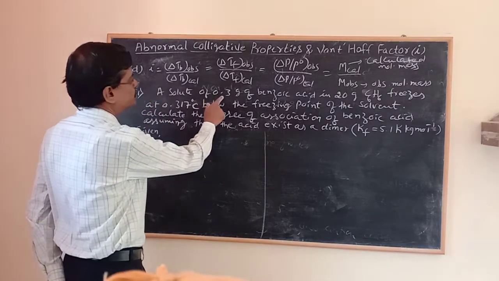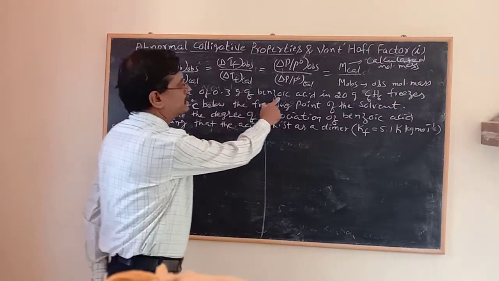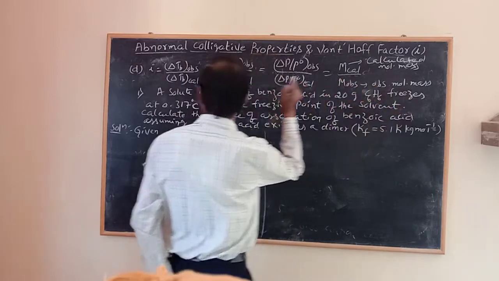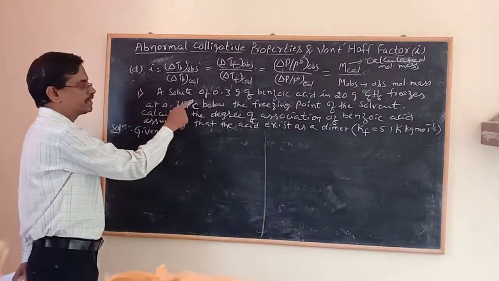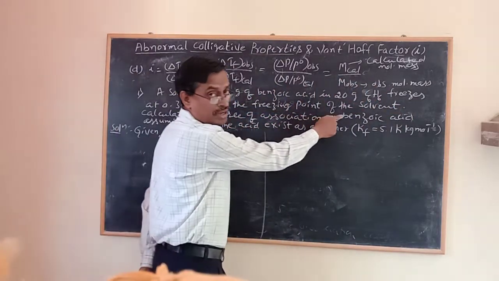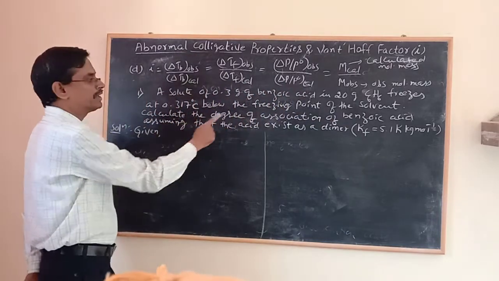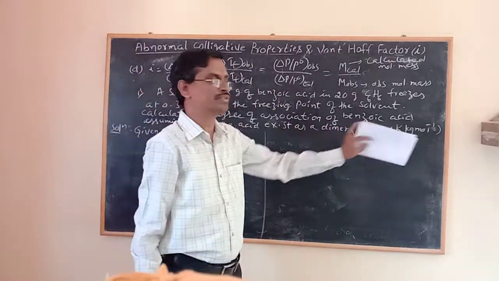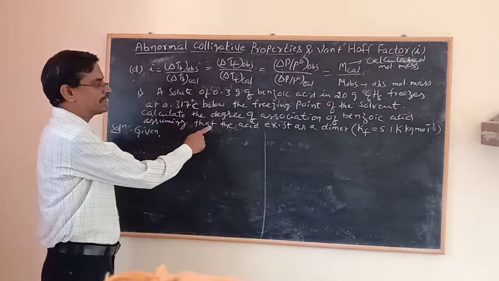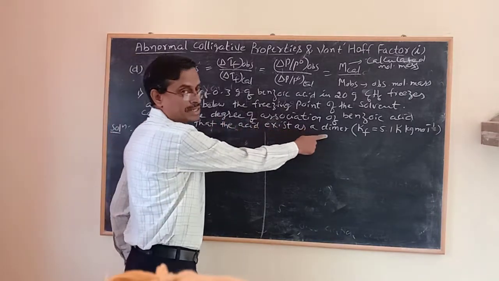A solution of 0.3 gram of benzoic acid in 20 gram of benzene freezes at 0.317 degrees Celsius below the freezing point of the solvent. Calculate the degree of association of benzoic acid, assuming that benzoic acid exists as a dimer.